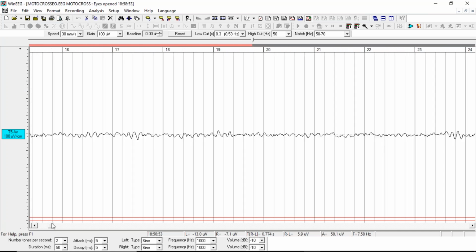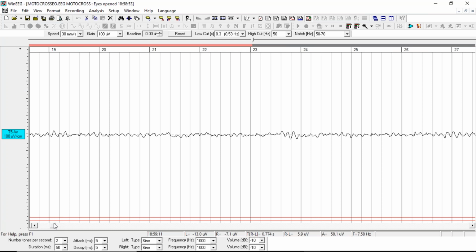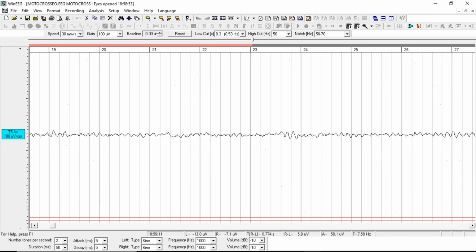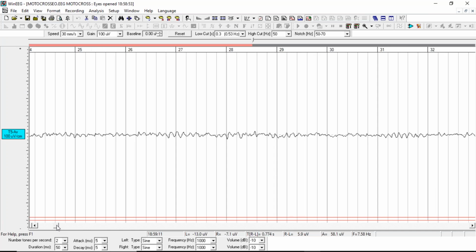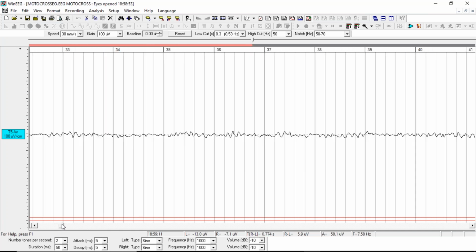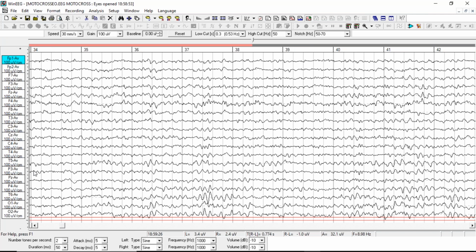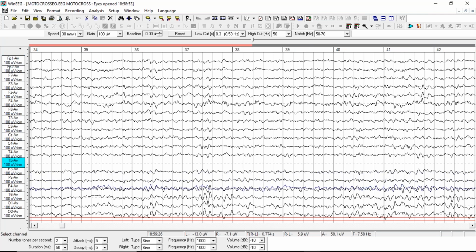And if we see, we have slowing right there, which would indicate, I'm going to go out on a limb and assume, I may be wrong, but I'm going to assume that's probably the initial point of impact as compared to T6, which is the right side of the brain.